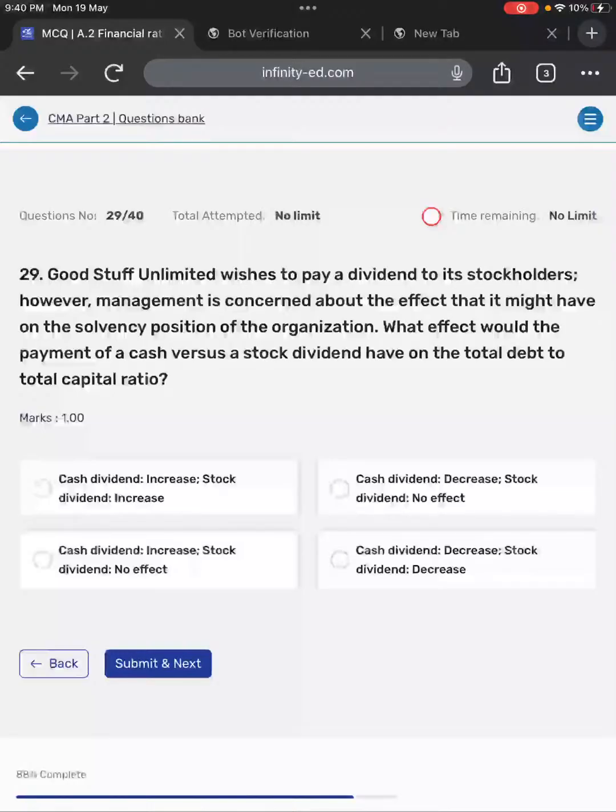Cash dividend will decrease capital; stock dividend will have no effect. If capital reduces, stock dividend will have no effect.